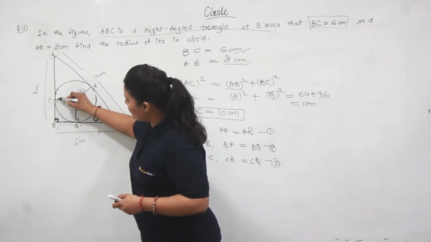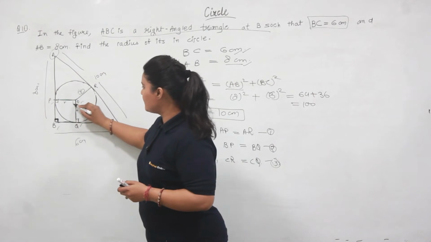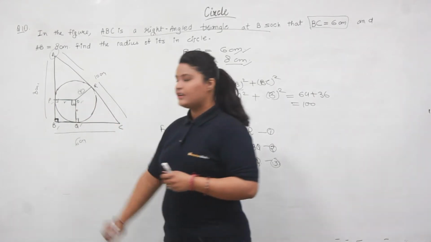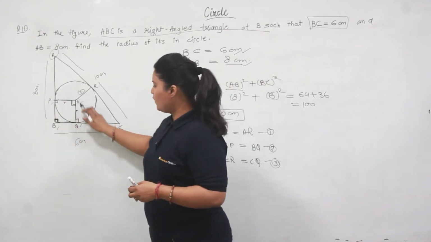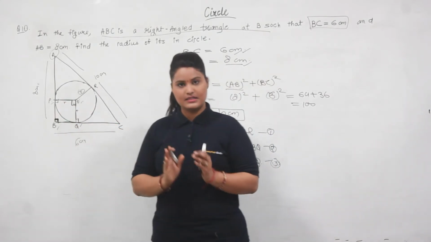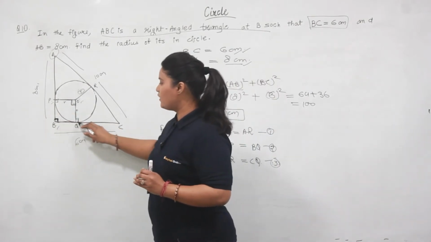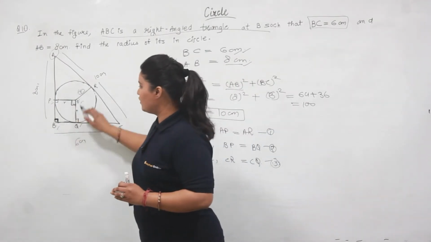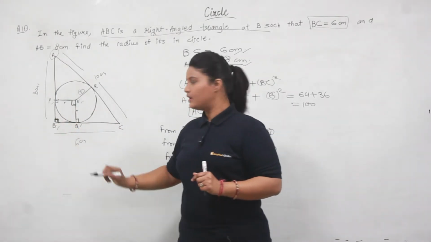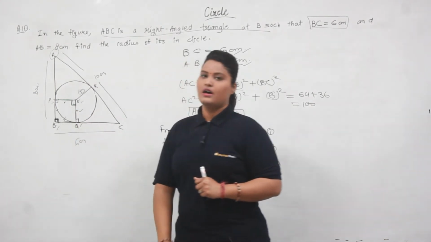Again, this is a 90-degree angle. And when 3 angles are 90 degrees, the remaining one will also be a 90-degree angle. So can I say that POQB is a square, meaning the length of PB and the length of BQ will be equal, and the opposite sides will also be equal, meaning it is R, then it will also be R and it will also be R. Clear?